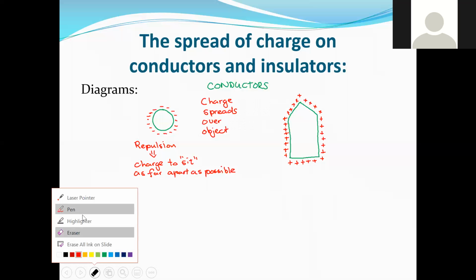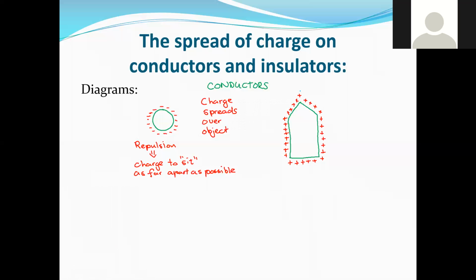When an object that gets a charge is not symmetrical, where we have points, pointed parts, will have a higher density of charge. And so here at this bottom corner, you'll have a higher density of charge, and at the top corners.